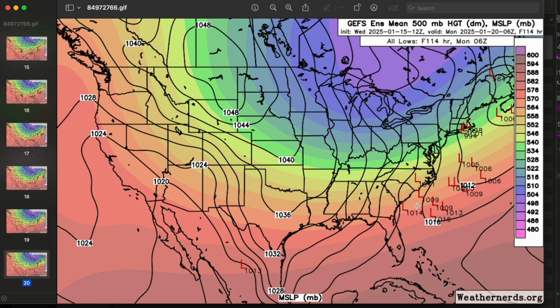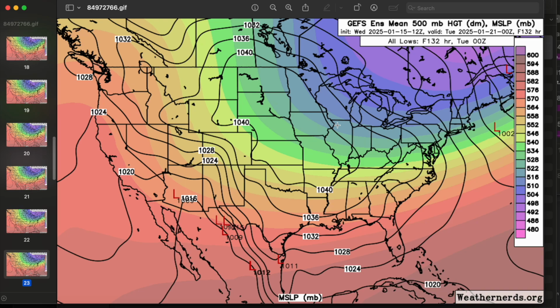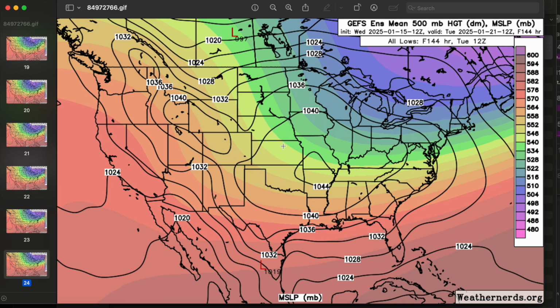But the overall pattern here is an upper level trough of low pressure across the eastern parts of the United States, and a massive high pressure center, upwards of 1,040 millibars, which is pretty strong. This is very, very cold air, as we'll get to in a moment.